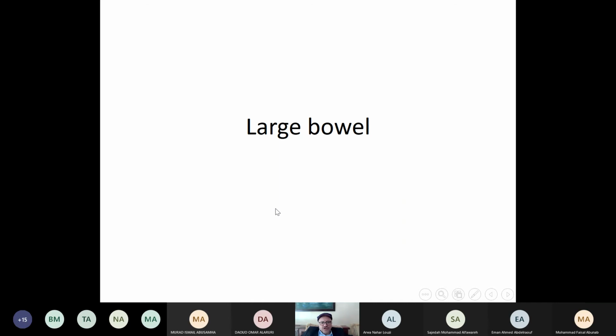After this tour in the small intestinal causes of obstruction, we can talk about the large bowel. So what do you know of causes of large bowel obstruction? Tumors, maybe. Volvulus.